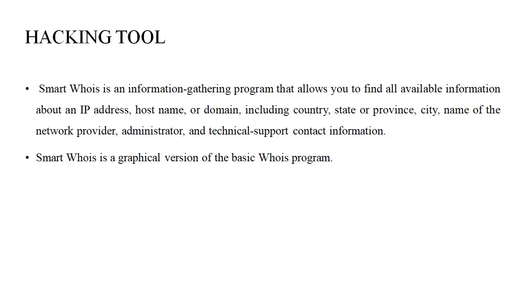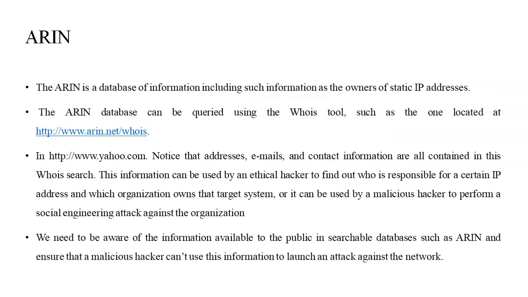Smart Whois is an information gathering program that allows you to find all available information about an IP address, host name or domain, including country, state, city, name of the network provider, administrator, and technical support contact information. Smart Whois is a graphical version of the basic Whois program.